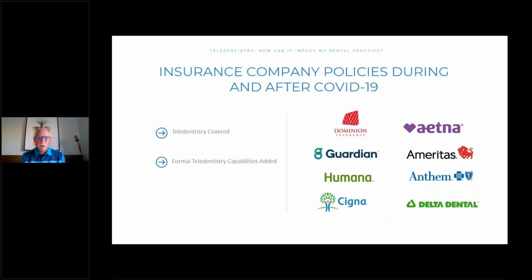So at the start of COVID, something unusual and very rare happened across almost all dental carriers. They made a decision to cover teledentistry, many outside of the frequency limitations or maximums. There were no committees, which are usual, no long-term studies, no, we'll include this in your rate, but your rates may go up.